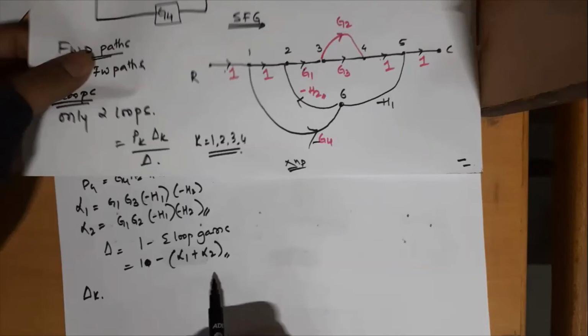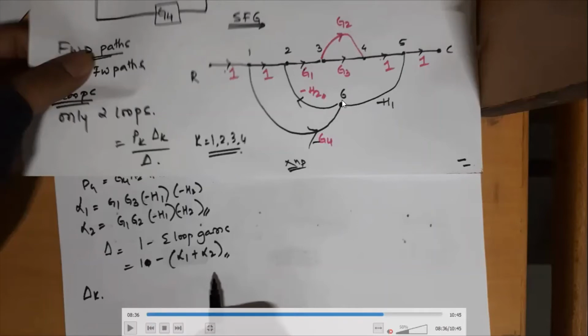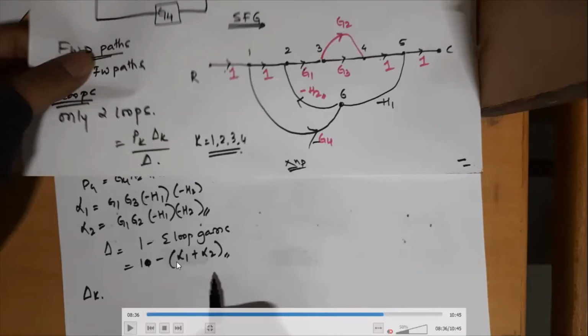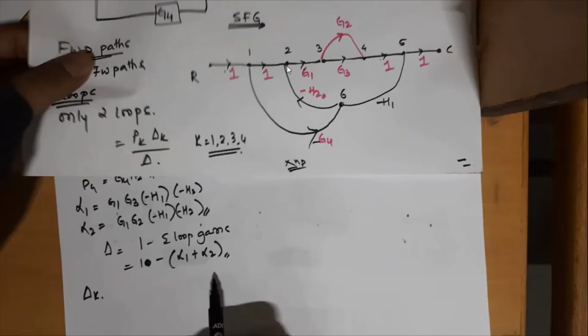What we mean by touching here is that they have a common node. Loop 1 has a common node with P1, so they are touching. To find delta 1, I will remove L1 here. Then L2, loop 2, is this one. Is L2 also touching the first forward path? Of course, even a single common node means they are touching each other.